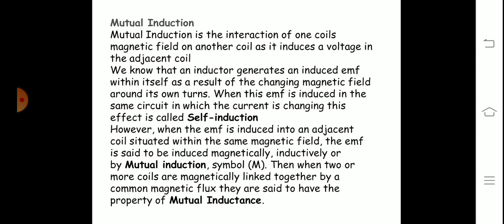When this EMF is induced in the same circuit in which the current is changing, this effect is called self-induction. And when this effect is induced into the adjacent coil situated within the same magnetic field, the EMF is said to be induced magnetically, or inductively, by mutual induction, whose symbol is capital M.